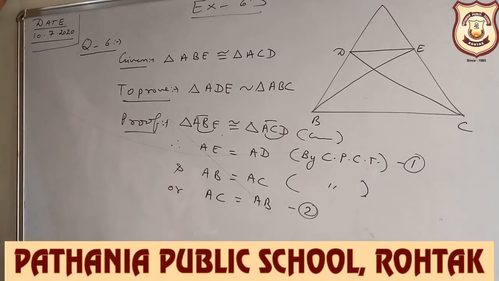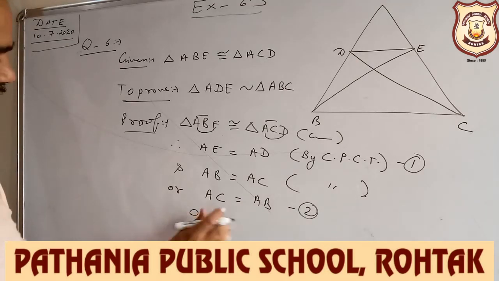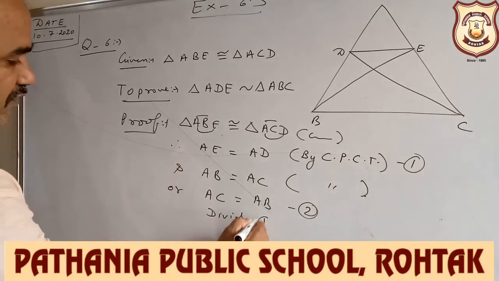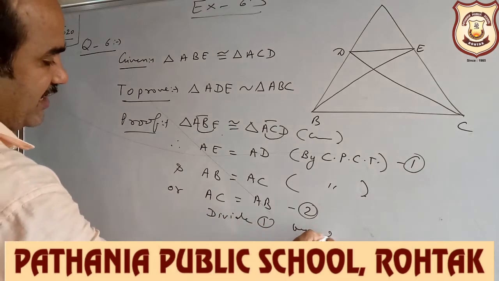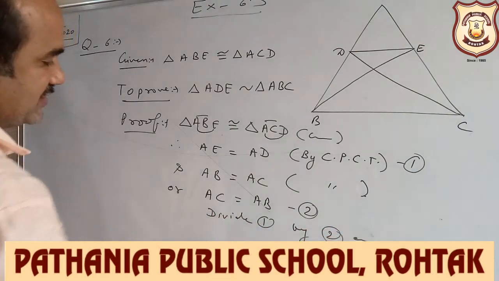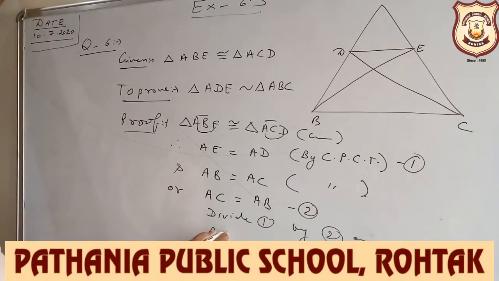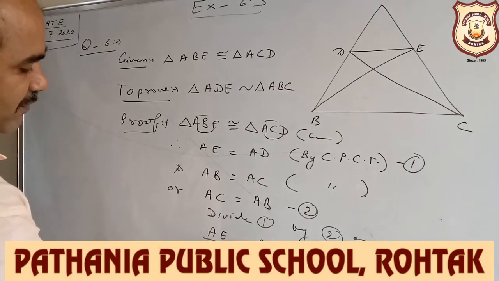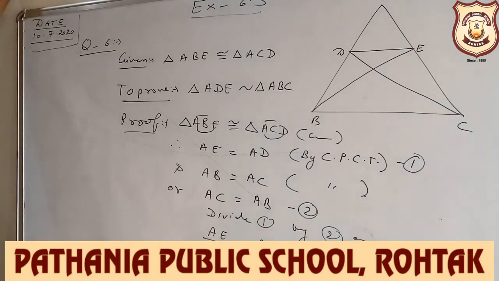Now you can write, divide first by second on both sides. AE upon AC equal to AD upon AB.